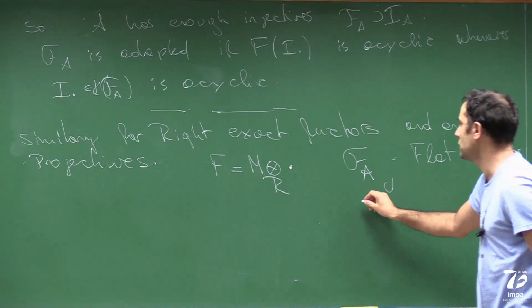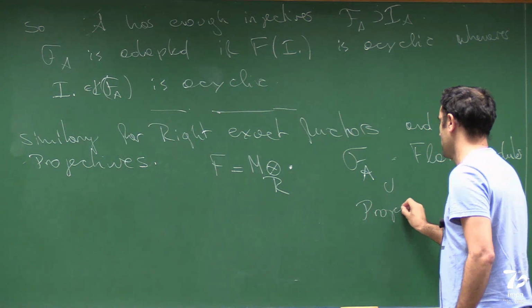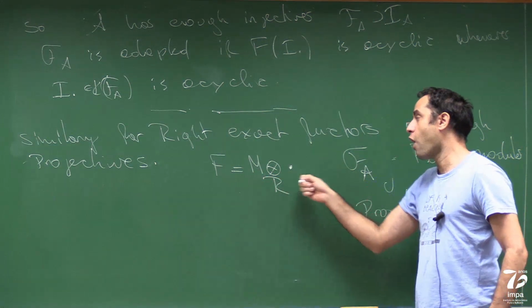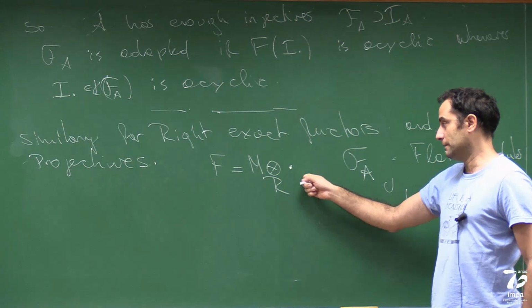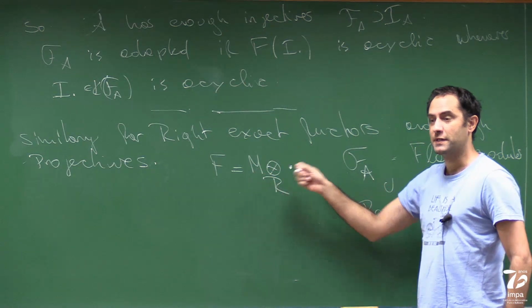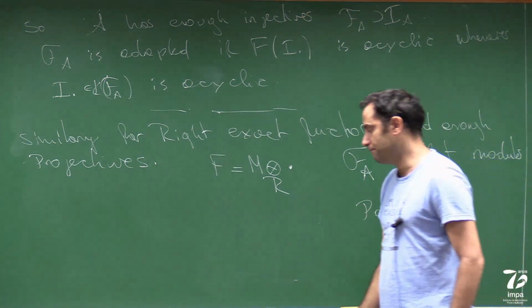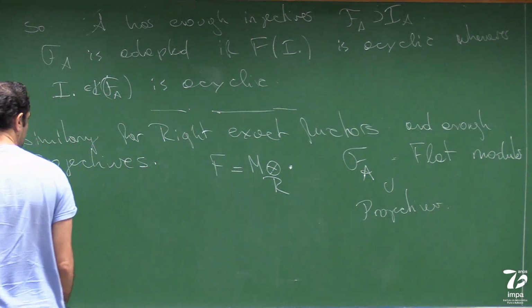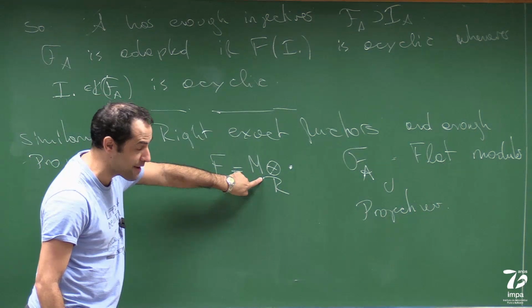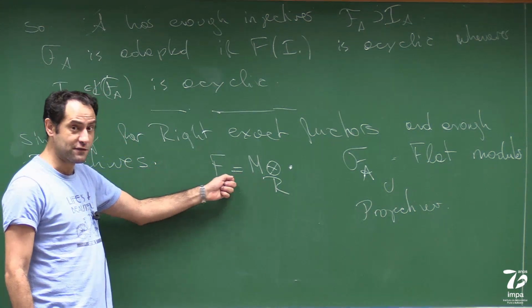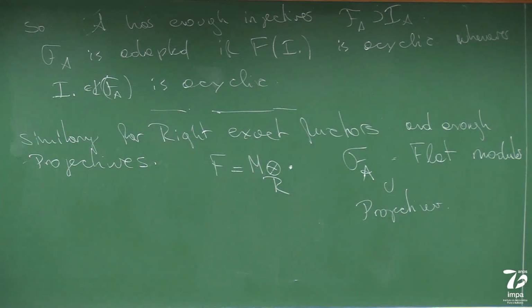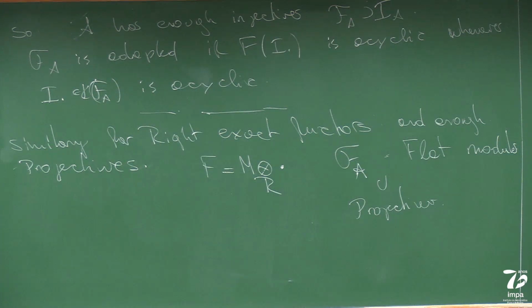In particular, these contain projectives. And the point was that if I had a complex of flat modules that is acyclic, then tensoring by M is still acyclic. So that's why we could compute Tor groups, which are the left derived functors of this functor, by using flat resolutions instead of just projective resolutions.